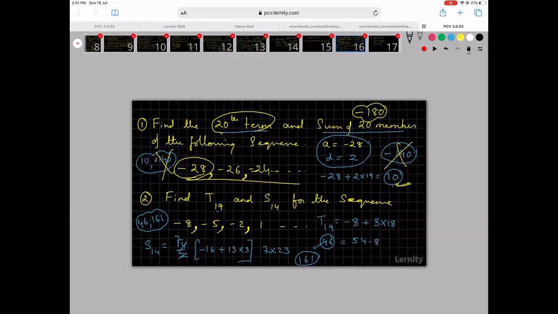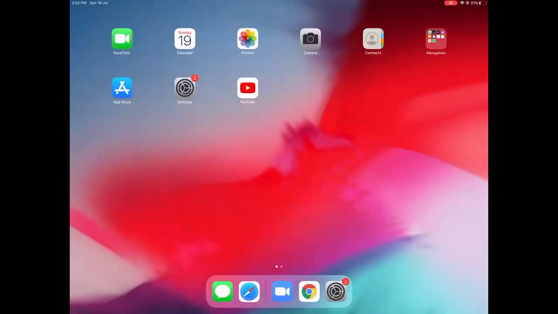I added the first term and the last term, and I got minus 18. Minus 18 by 2 is minus 9, and minus 9 into 20 is minus 180. I tried to do it mentally and then I made a mistake. In all the other cases I did it stepwise and got it correct. So we have to be careful. Please make corrections. I am sorry.